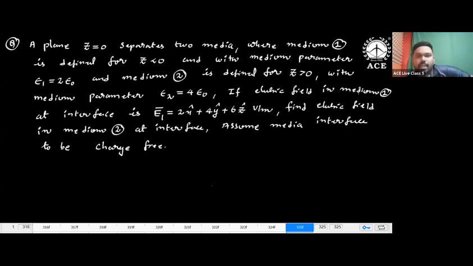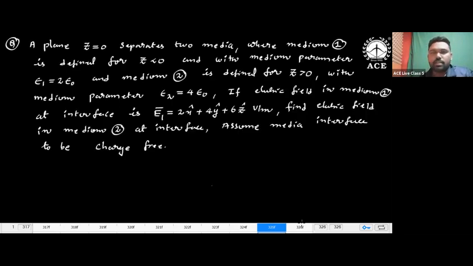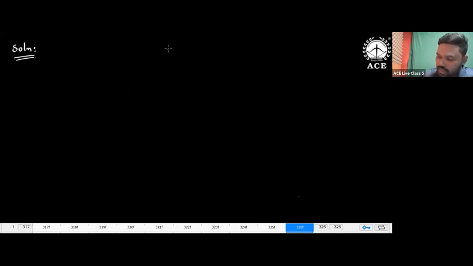A plane Z is equal to 0 separates the two media, where medium 1 is defined for Z less than 0. Let us draw some rough diagram here. So Z is equal to 0 is a media interface.